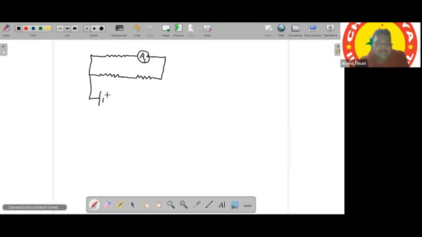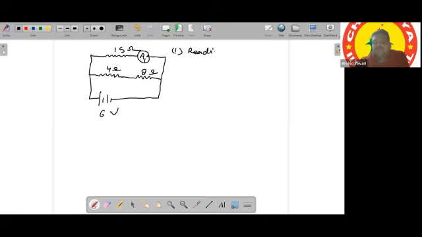Okay. So again, you have a potential of 6 volt. The resistances here: this one is your 15 ohm, you have 4 ohm and 8 ohm. Now the questions are: you need to find out the reading in ammeter A1.